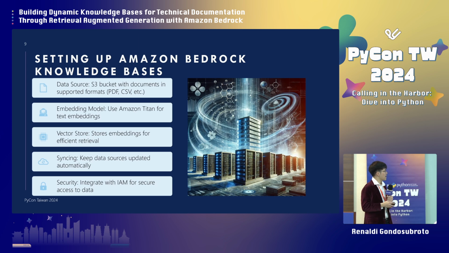You can then have an embedding model. In my case, essentially looking at Amazon Titan for text embeddings. Vector store, we want to be able to store the embeddings for efficient retrieval. We want to be able to synchronize the data sources so they can be updated continuously. And last but not least is security, because we want to integrate with IAM for secure access to data.